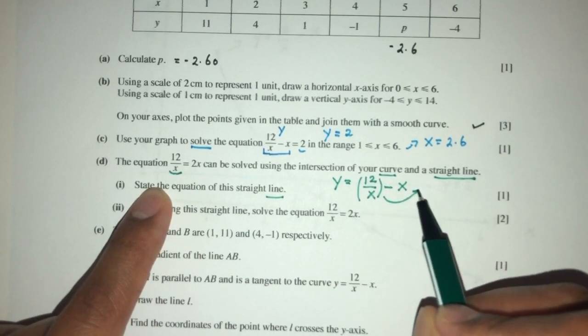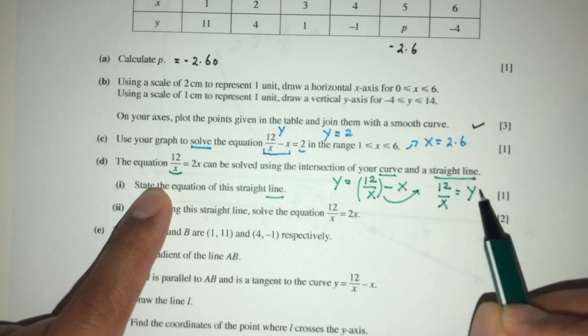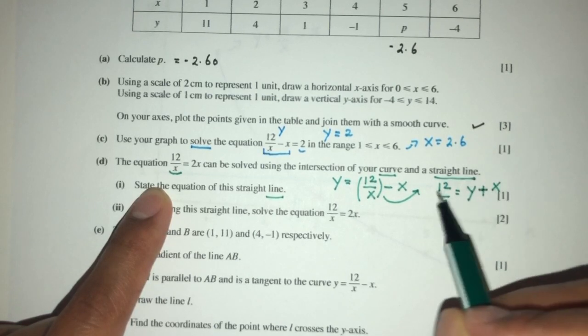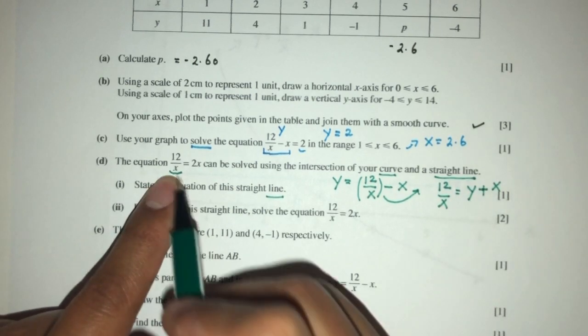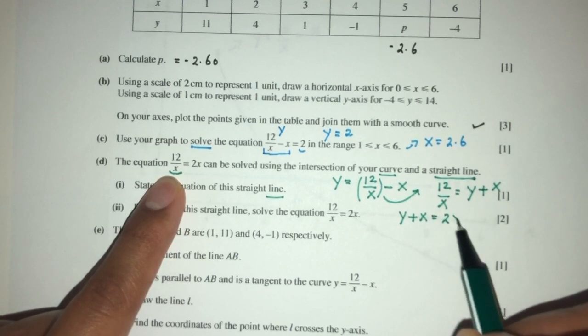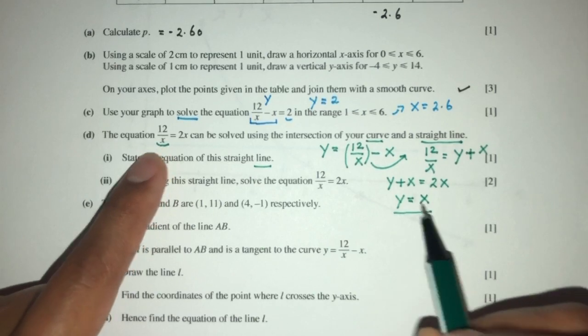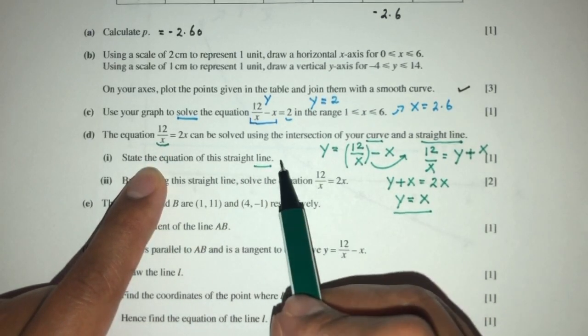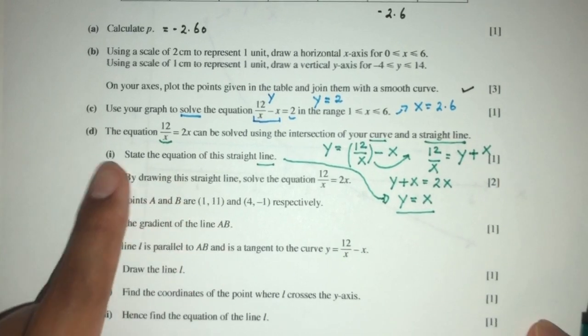Let's make this the subject: 12 over x minus x is equal to y plus x. Replace this in this equation, so you will have y plus x is equal to 2x. So y will be equal to x. This is the equation of the line that we have to draw. This is your answer for part 1.